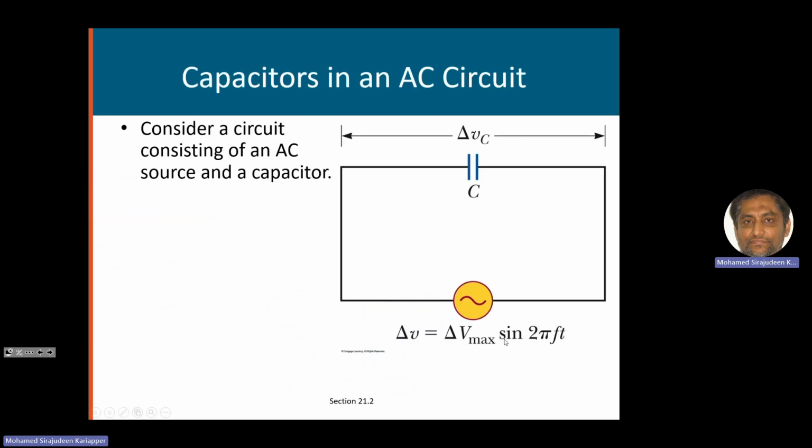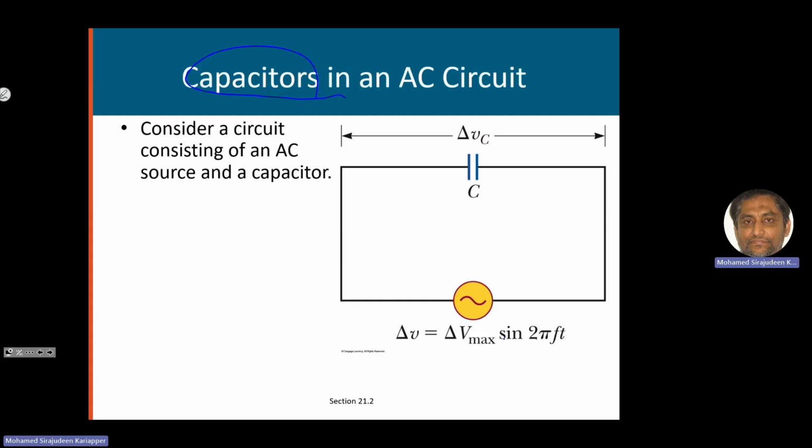So that we've done with a simple circuit of AC source and a resistor. Now, next one is capacitor. So we take an AC source and we have a capacitor. This is our simple circuit again. Now things are going to get interesting.